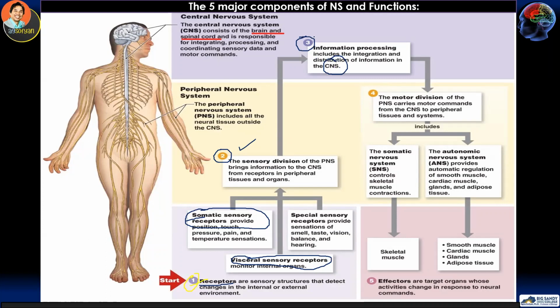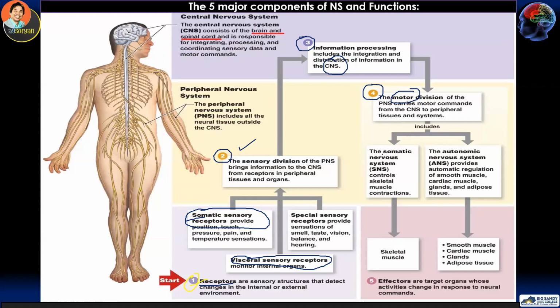Now, after the interneuron, the third component, performs the process, it will produce the order or response. The response or order will be carried by the fourth component, which is the motor neurons. This is the motor division.